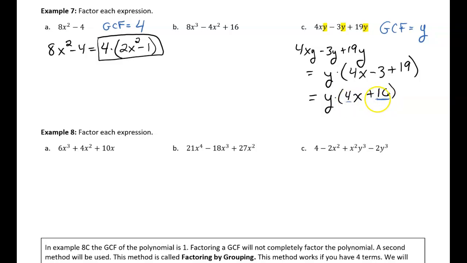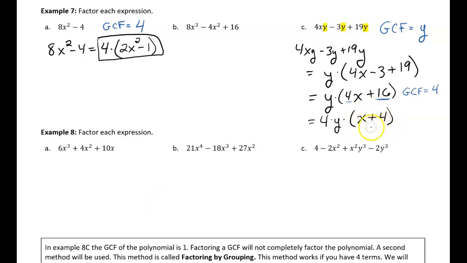Well, 4 and 16, between those values, I have a GCF of 4. So then I can pull that 4 forward as well. I can continue the factorization. We'll do 4 times the y, still multiplication because we're undoing the distributive property, but I can pull that 4 outside of the parentheses, leaving behind x plus 4.